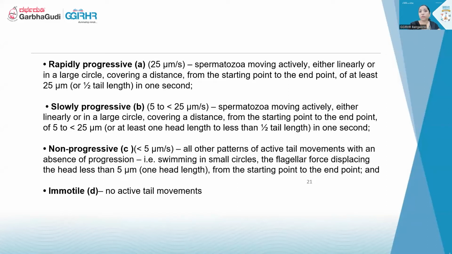When we are doing a manual assessment, we will not be able to calculate exactly how fast the sperm is moving. But where CASA, computer assisted semen analysis, is involved, it will help you calculate these rapid, slow, and non-progressive data.